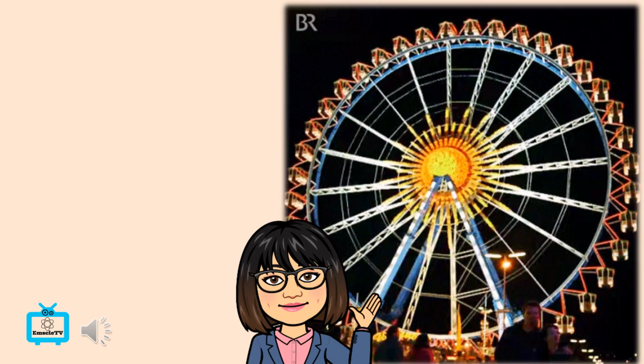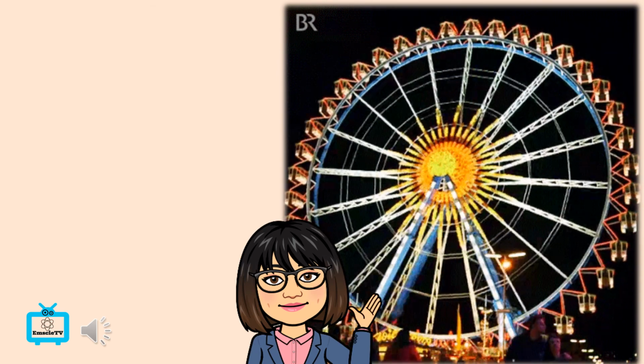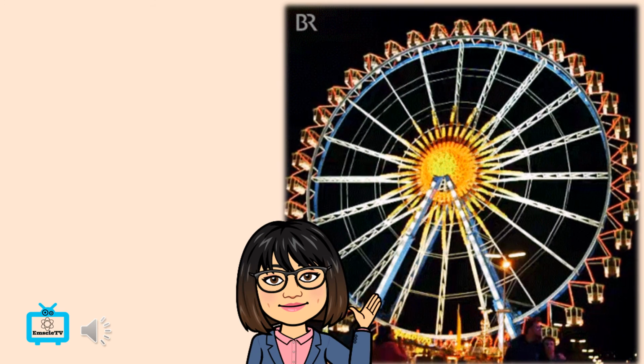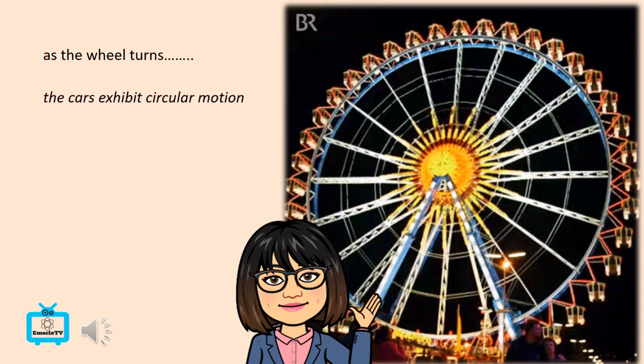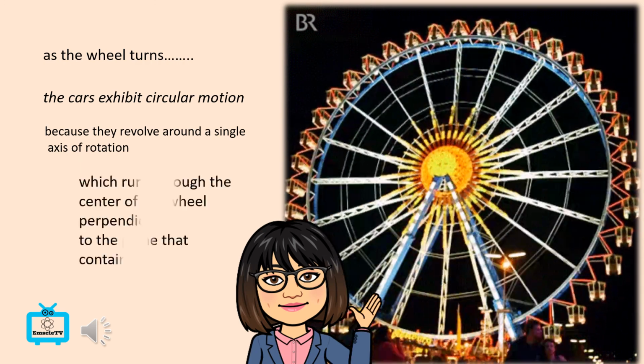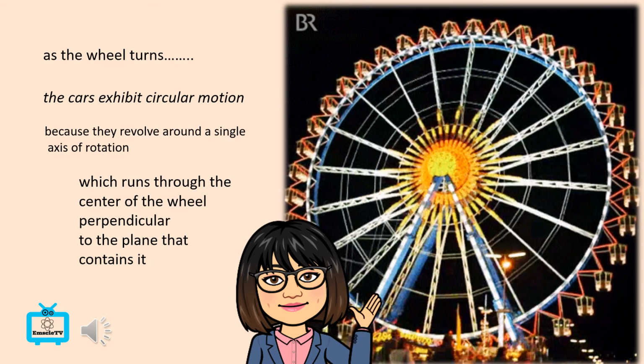Let's go back to this image and try to relate how a Ferris wheel demonstrates the concept of uniform circular motion. As the wheel turns, the cars exhibit circular motion because they revolve around a single axis of rotation, which runs through the center of the wheel perpendicular to the plane that contains it.